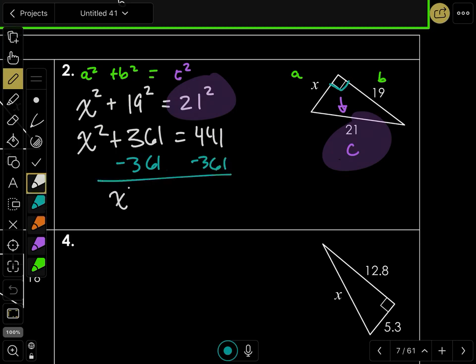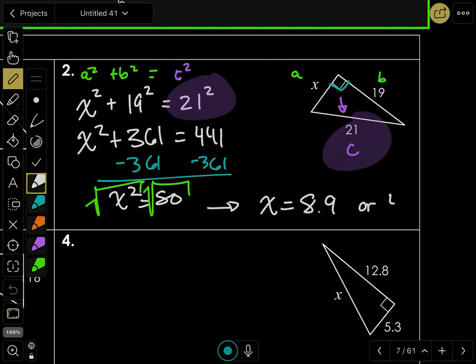We find x squared is equal to 80, but we don't want to know what x squared is equal to. We want to know what x is equal to. So this is the step where we square root both sides, and we find that x is equal to approximately 9.8, or your calculator might return square root 80, or 4 times the square root of 5.